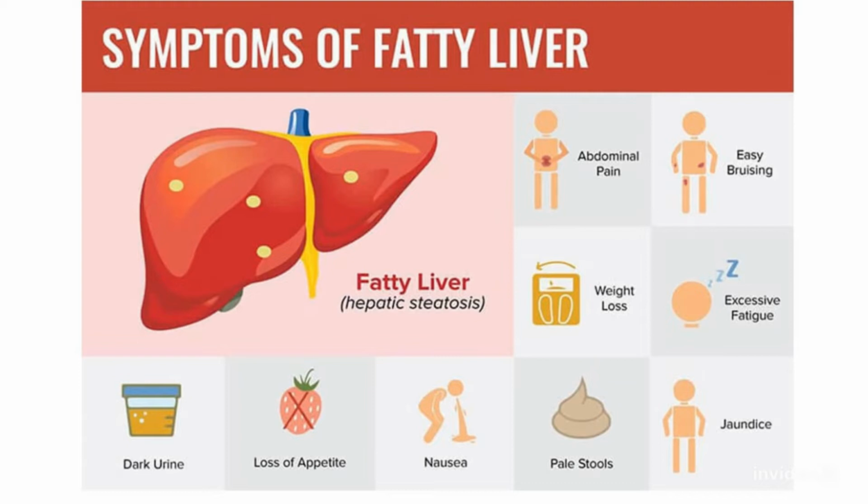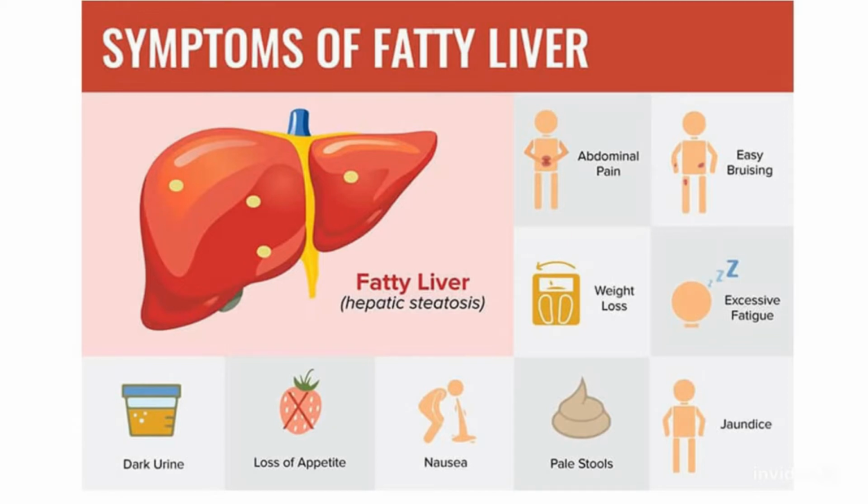Now let's talk about symptoms of fatty liver. People with fatty liver disease often have no symptoms until the disease progresses to cirrhosis of the liver. Cirrhosis of the liver is the result of severe damage to the liver.